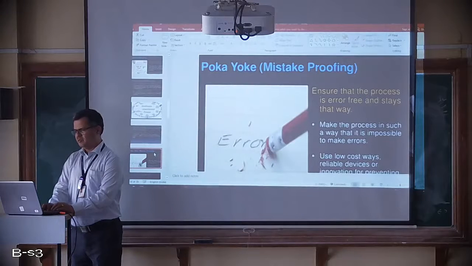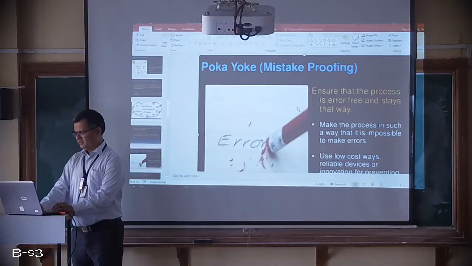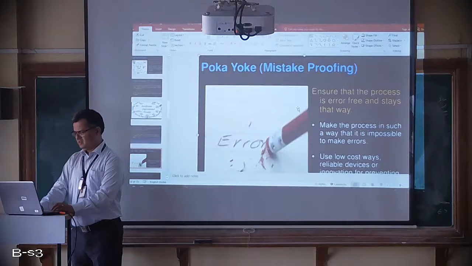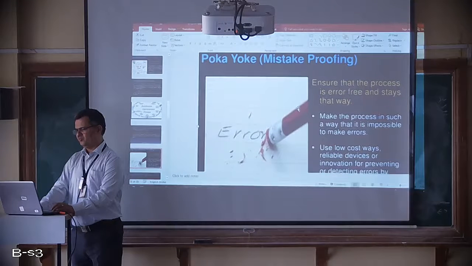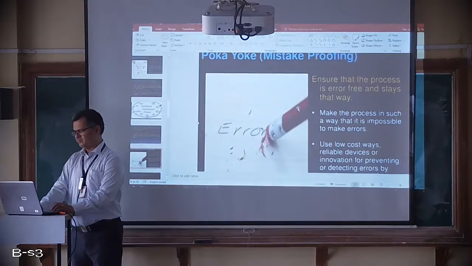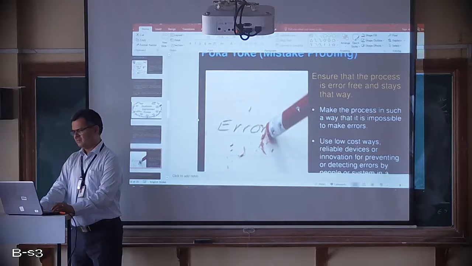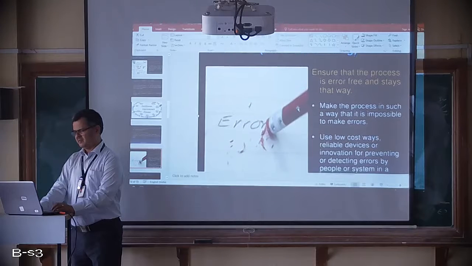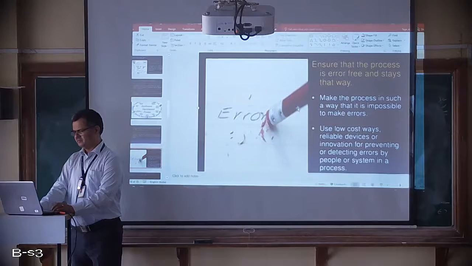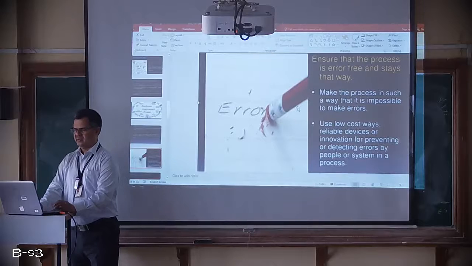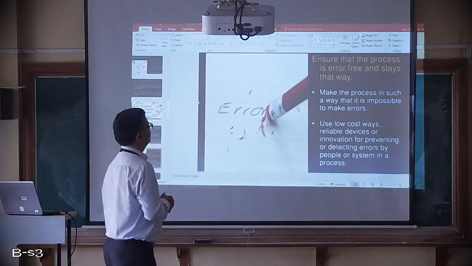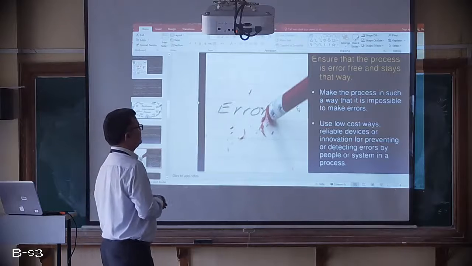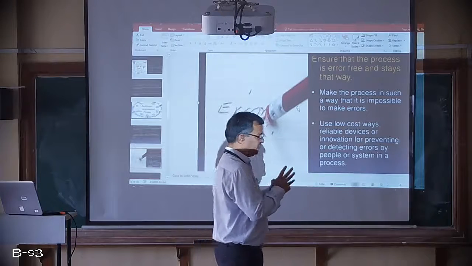Next, Poka-yoke. One more important term, a Japanese term that people normally talk about, is Poka-yoke. That is mistake proofing. Poka-yoke ensures that the process is error free and stays that way.